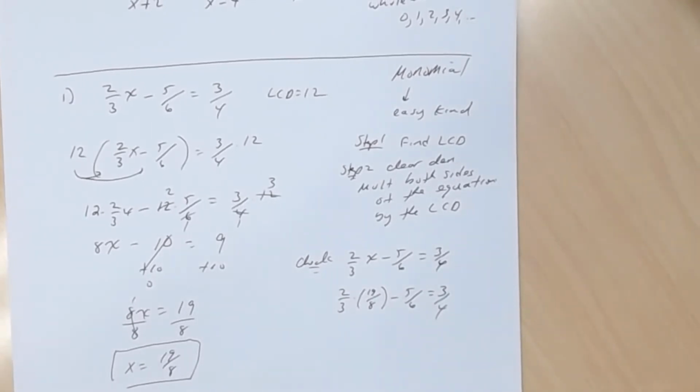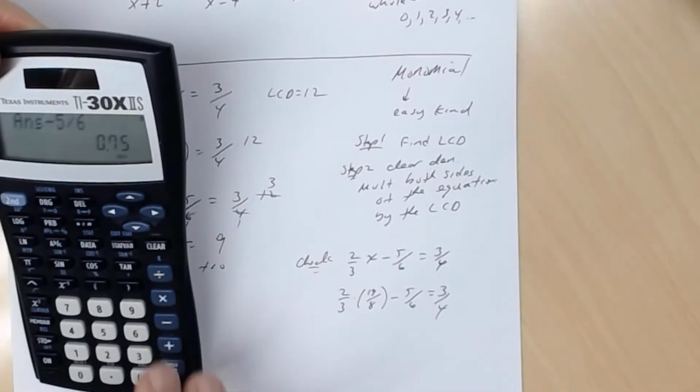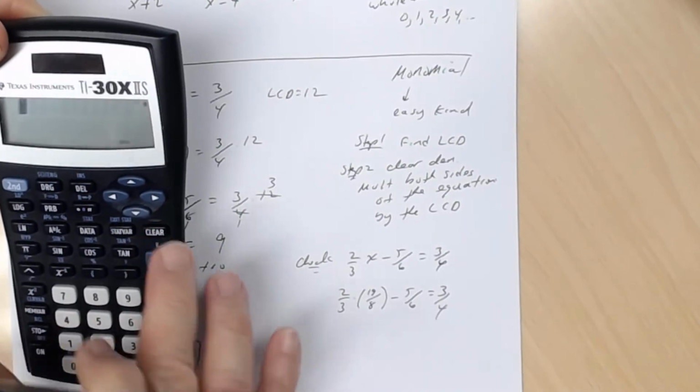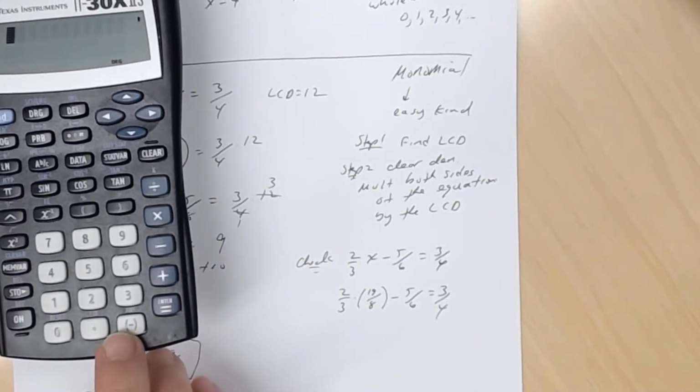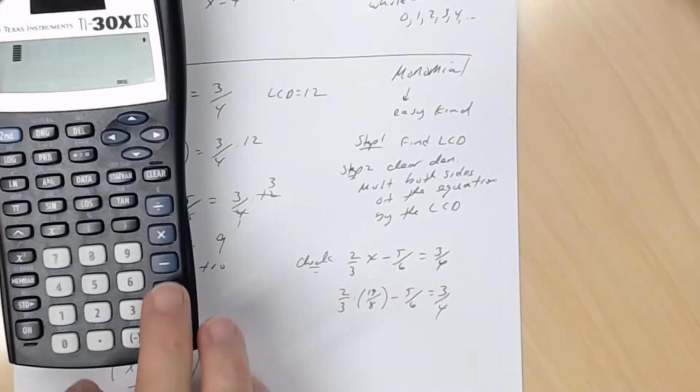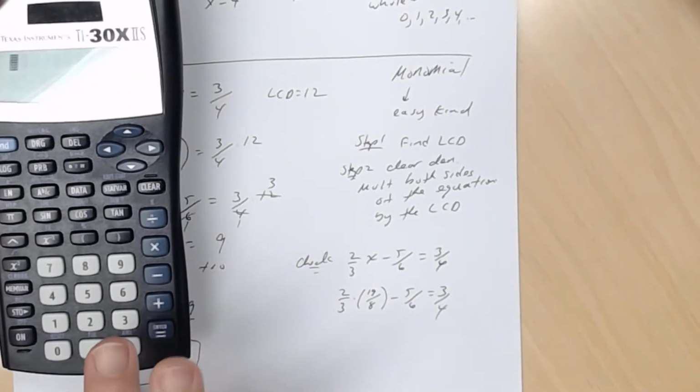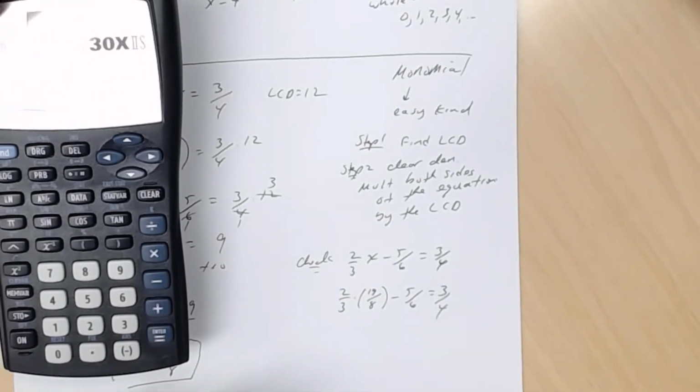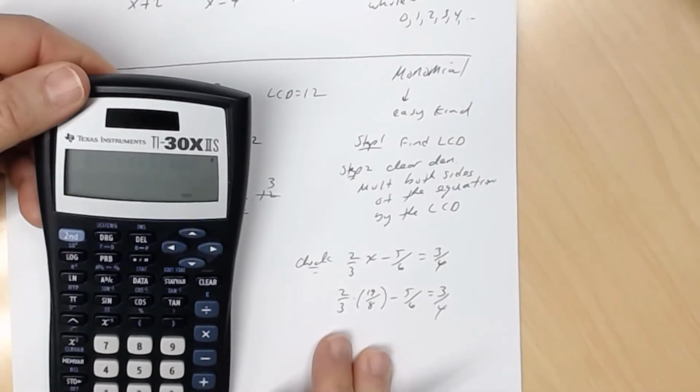Now, here's something I've got to remind you about. When using your calculator, remember this right here stands for negative. This right here stands for subtraction. You've got to remember things like this. Now notice what we have here.